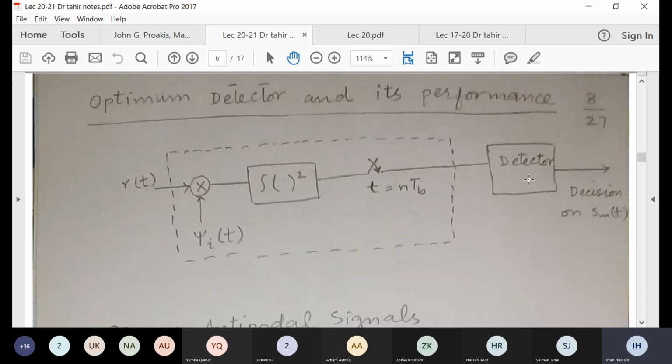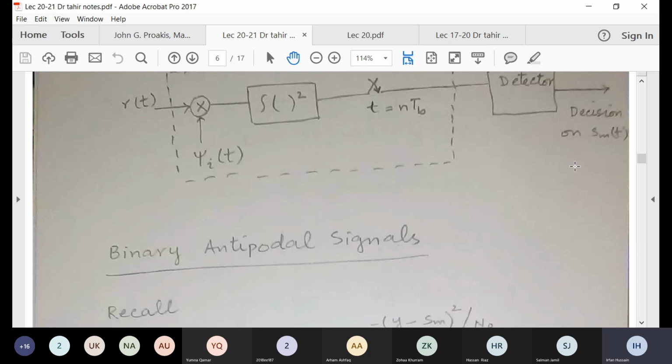And if you have, for example, antipodal signaling, then you just have psi 1 as the one basis function. So whatever random variable you have, you will put this into a detector, and the detector will tell you which signal was sent, whether S1 was sent, whether S2 was sent, or whether the signal corresponding to psi 1 was sent, or psi 2, or psi with delta EB was sent, or psi with minus delta EB was sent.